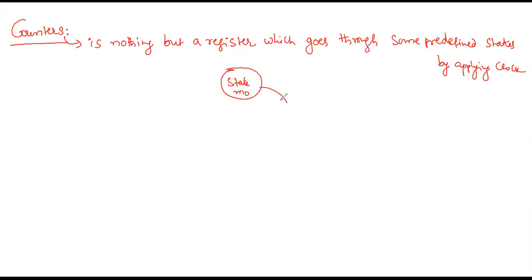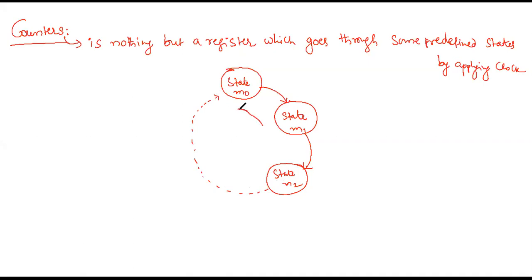Then when you are applying one clock pulse, the register content will be changed to a predefined state. Predefined means we already defined some states. After M0, we define it should go to M1, like this, M2, M3, like this.